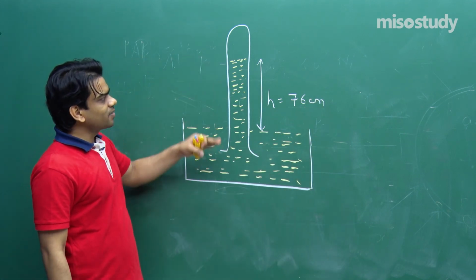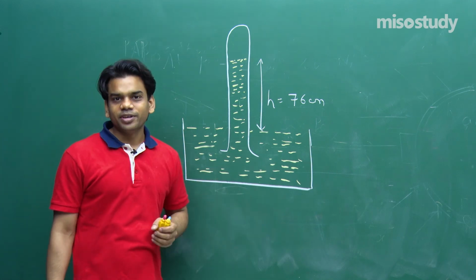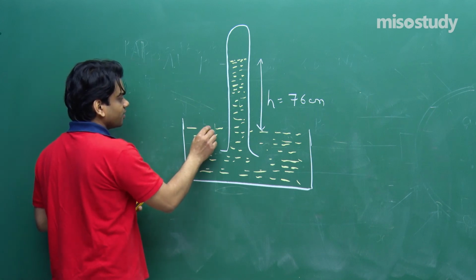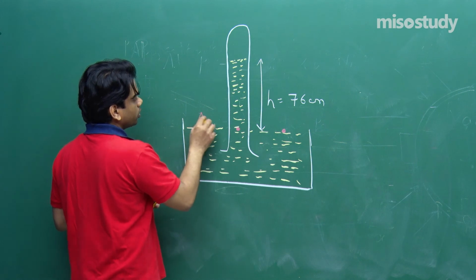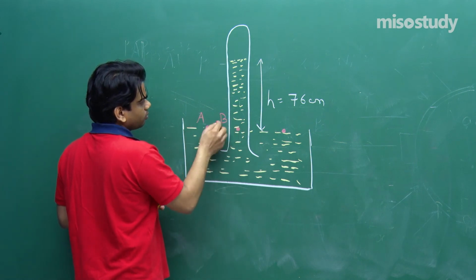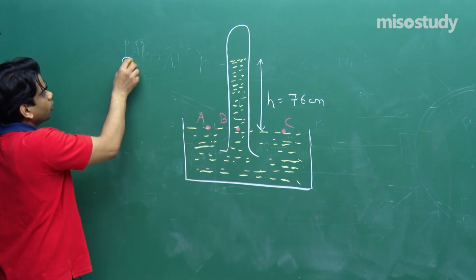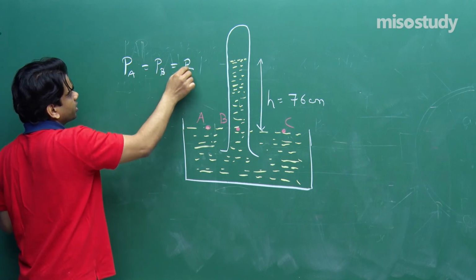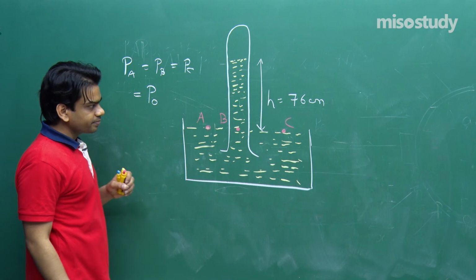Now, why is this height 76 centimeter? We know that pressure at every level will be the same. Because it's open to atmosphere, I am talking about 3 levels, A, B and C. Pressure at A is equal to pressure at B is equal to pressure at C, and this is equal to atmospheric pressure P naught.